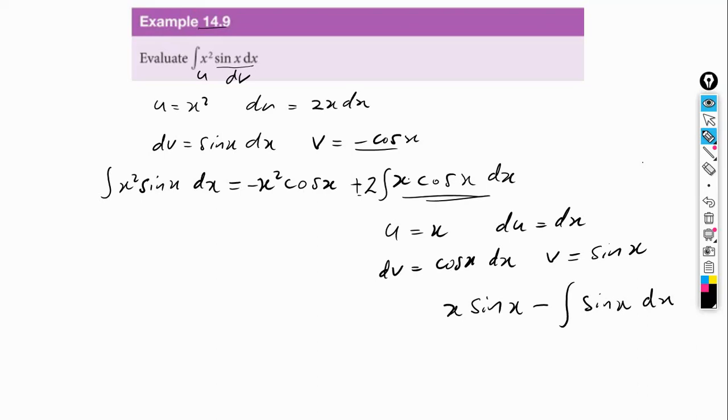Okay, so we can now solve for this, and this is going to be x sine of x minus the integral of sine, which is negative cosine, so I'll make this plus cosine of x plus c.